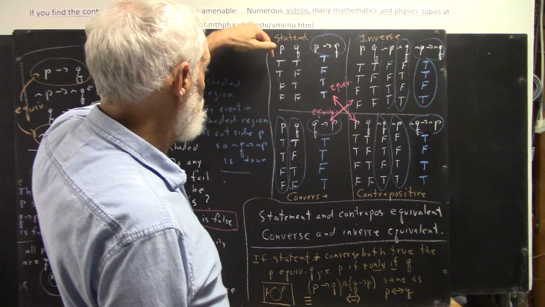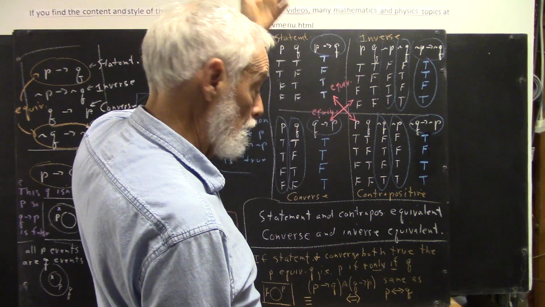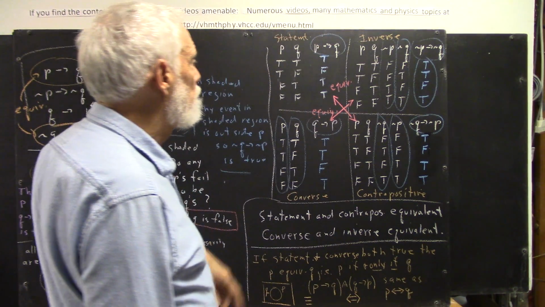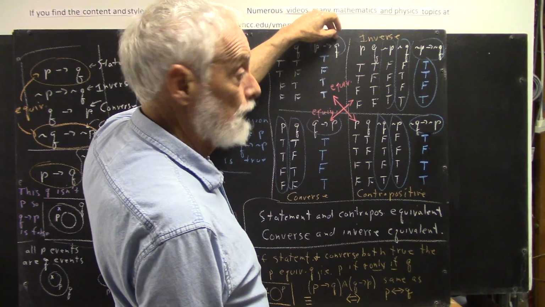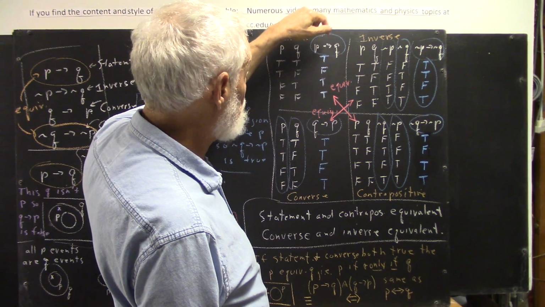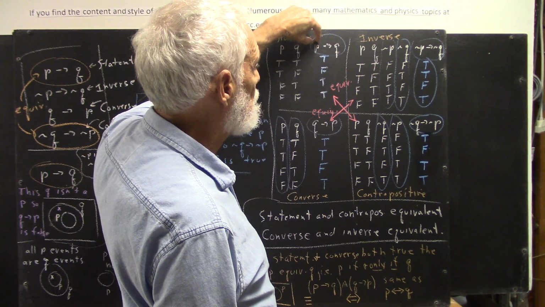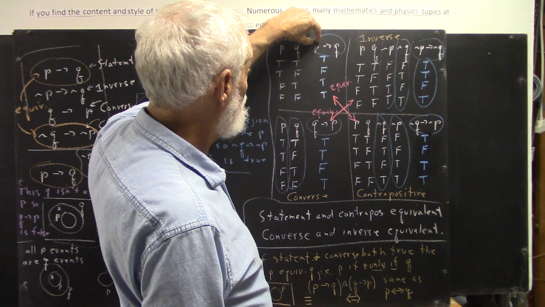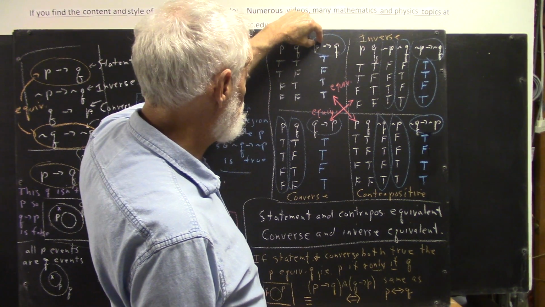And the logic of that is clearly if P and Q are both true, then we can say if P then Q, and that's true. If P is false, then we can't say that this statement is false because anything can follow from a false antecedent. Okay, any consequence can follow from a false antecedent.